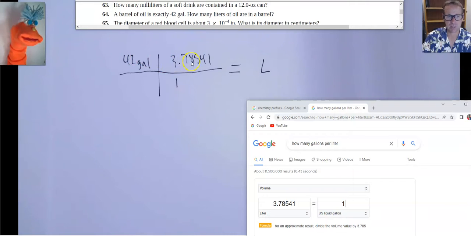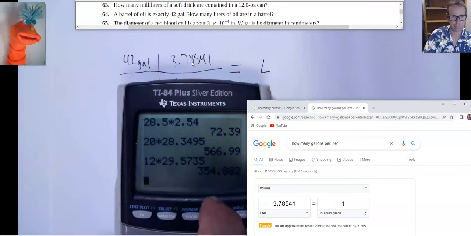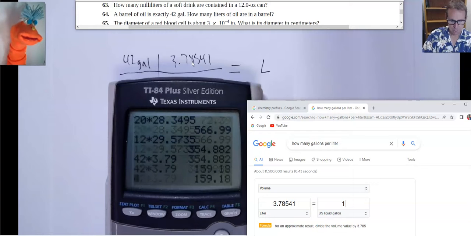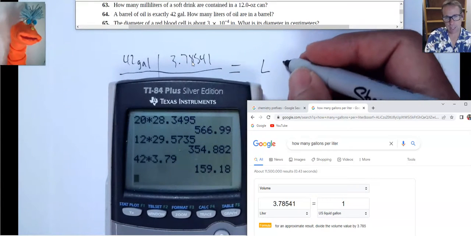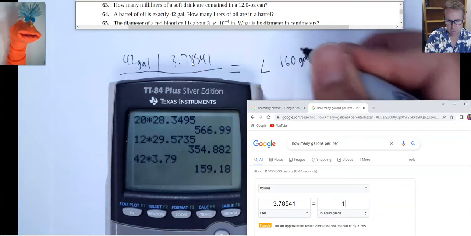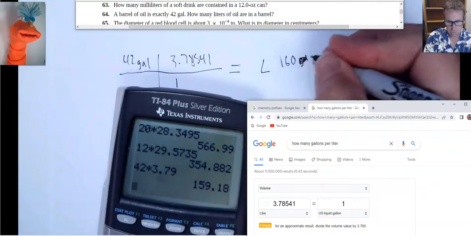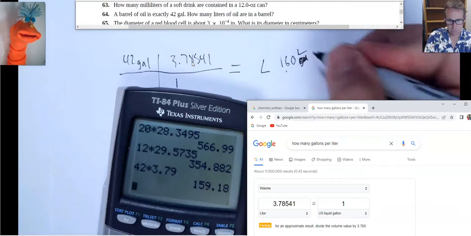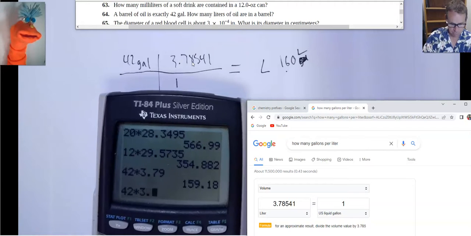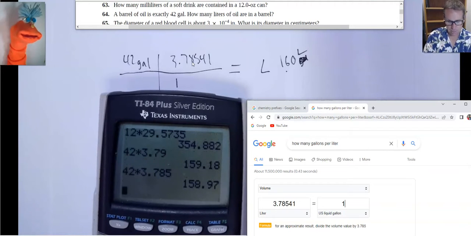So I could go 3.79, for example, 42 times 3.79, and I get 159.18, and I'm going to round that to 2 significant figures, which is 160 liters. If I were to have gone 42 times 3.785, I still get 159 liters.